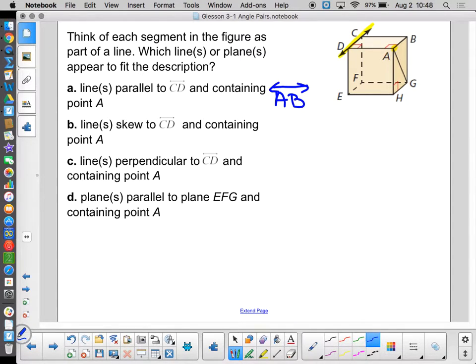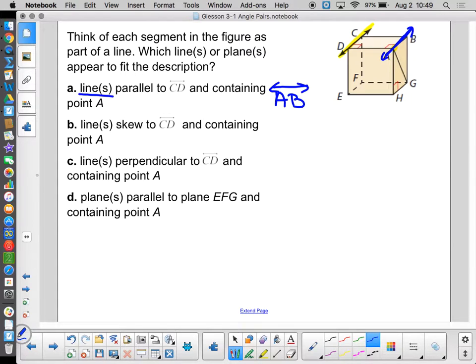And again, I'm using the correct symbol because it asks me to name a line or lines that contain point A that are parallel to CD. So AB is our parallel line. And are there any others parallel that contain point A? Well, let's see. What other lines contain point A? AG wouldn't be parallel. It would intersect it.